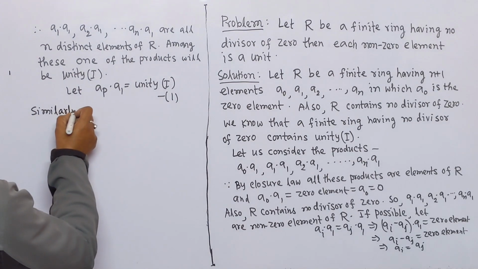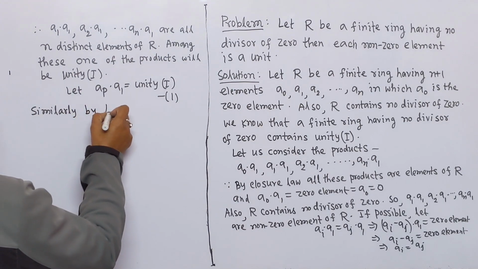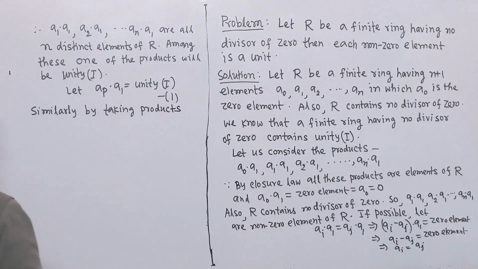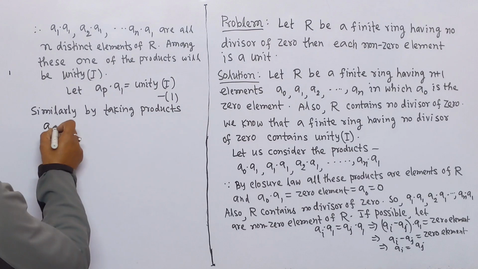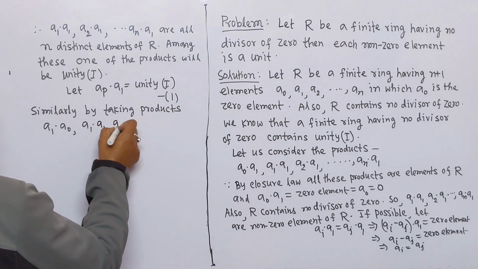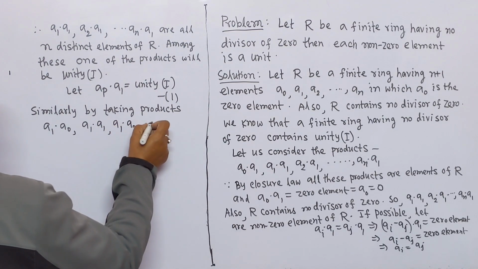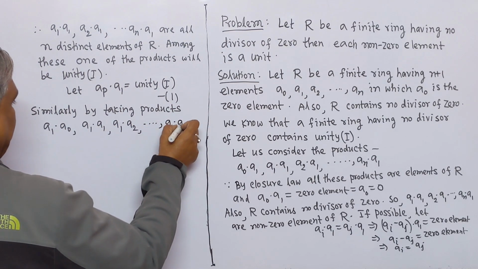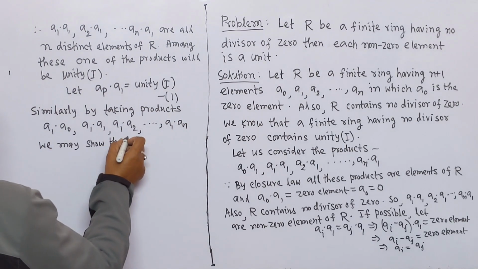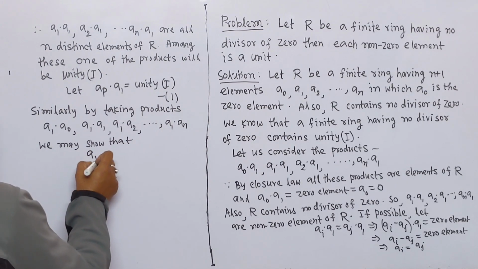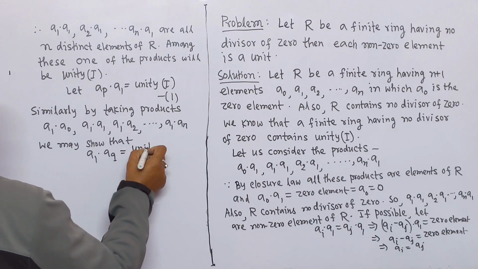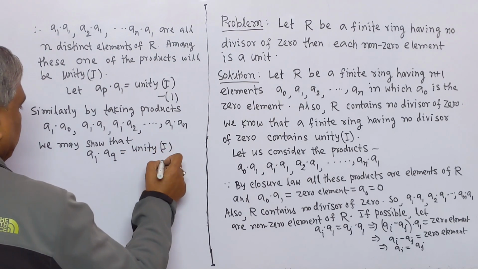Similarly, by taking products a1 multiply a0, a1 multiply a1, a1 multiply a2, ..., a1 multiply an, we may show that a1 multiply aq equals unity. This is number 2.